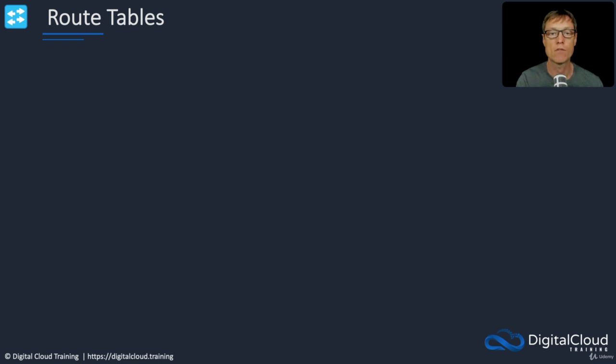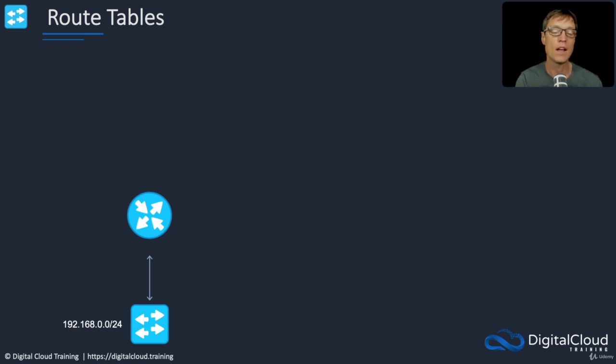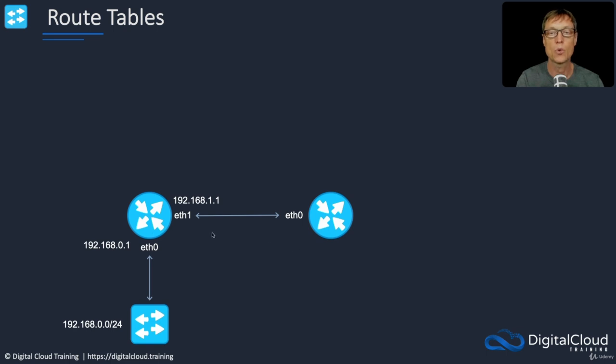Now let's have a look at route tables in a bit more detail. Let's say we have a router and it's connected to a network switch, and that network is the 192.168.0.0/24 network, and it's connected via Ethernet 0, and it has an IP address on that range. Now it then has Ethernet 1, and that's in a different IP address range, and it's connected to another router, and that router has Ethernet 0 connected to the network connection between these two routers, and obviously it has its own IP address on that range.